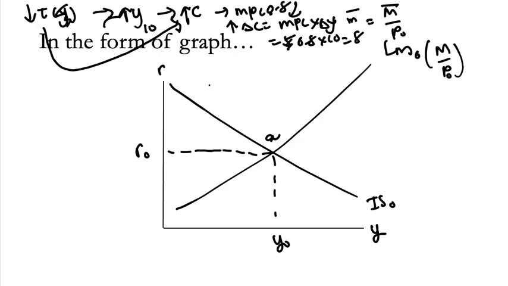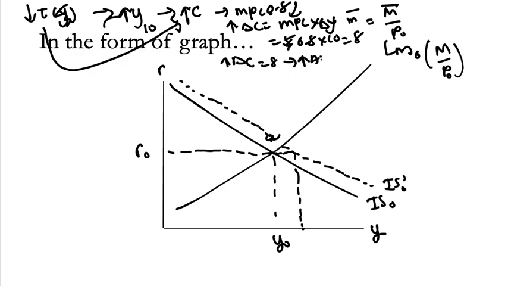So the IS curve will, in the first stage, shift by the amount of MPC times change in Y. So let's say here, IS naught prime. And after that, the next step is an increase in change in C by 8, increase AE, and then increase output because you need to produce this much, also by 8.